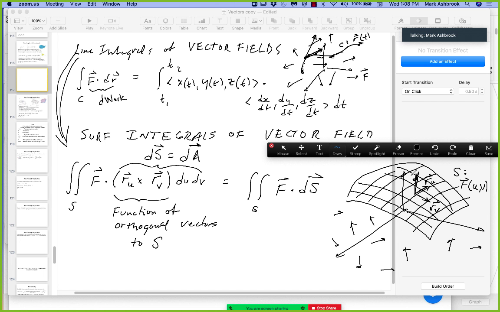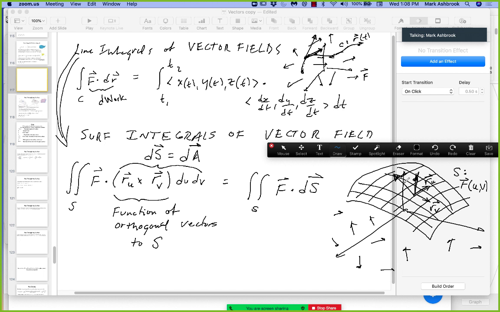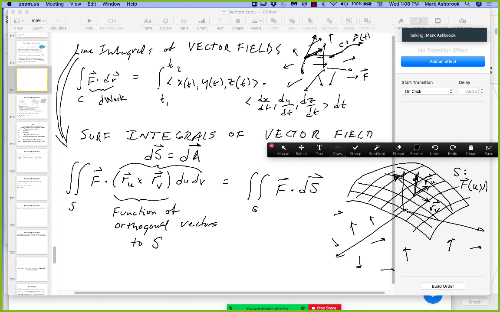So if your f vector was like this at that point on the surface, then you're going to take the component of that in the direction orthogonal to the surface. And then the dot product with an infinitesimal, very small vector will give a very small value, the product of the magnitudes in as much as it's in the direction orthogonal to the surface.